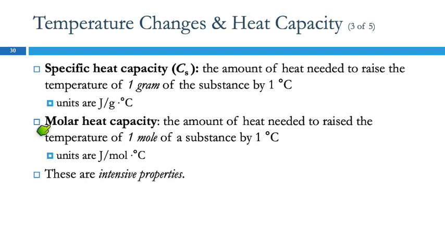We can also talk about a molar heat capacity, and that's the amount of heat needed to change the temperature of 1 mole of a substance by 1 degree, and that would be joules per mole degrees Celsius. We don't use that as much, but both of these are intensive properties. They do not depend on how much stuff there is.